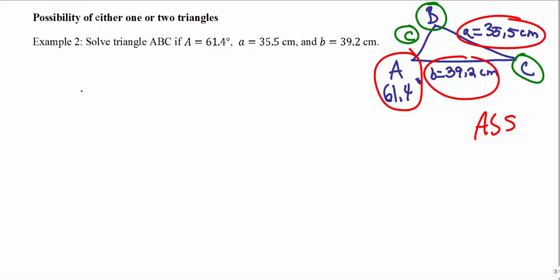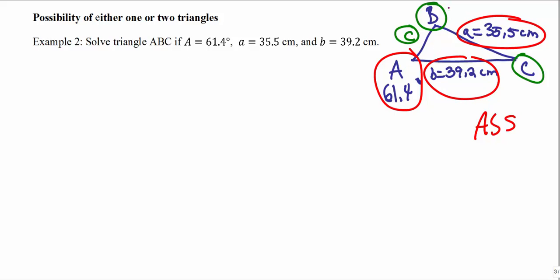So if we're going to solve using the law of sines, we must have one of our fractions with everything in it known. So we see here that we don't know anything about C at all. So angle C or side C. So we're not going to use that as one of our fractions. We're going to use the fraction with the A's and the B's.